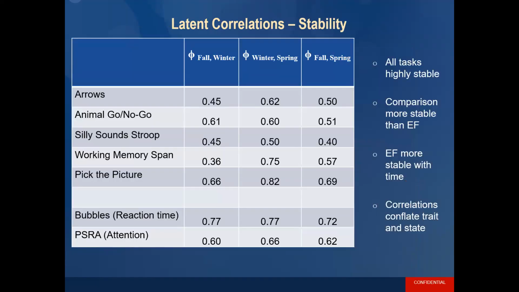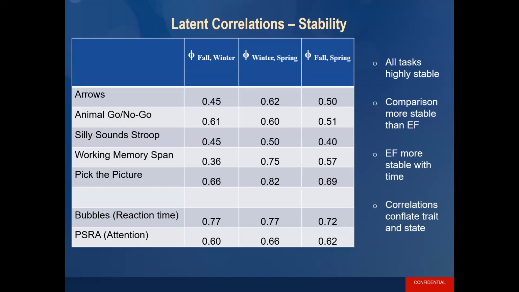Then we can look at, this is still from the longitudinal factor model, latent correlation. So these are the stability coefficients that I referenced. This is just showing you how strongly correlated kids' performance on a task is between the fall and the winter occasion, or between the winter and spring occasion. And what you take away from here is all of these tasks are pretty stable, right?